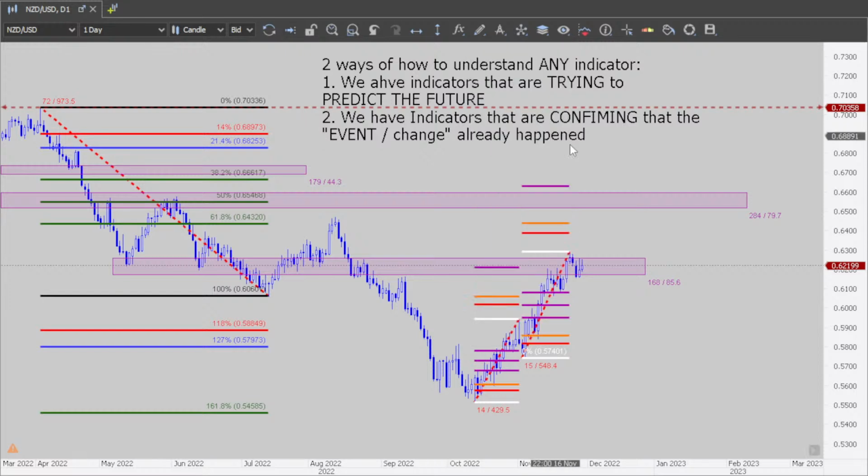Forex course 101, don't complicate too much, everybody. That's it, makes sense? This is it, everybody. Choose how to understand any indicator.